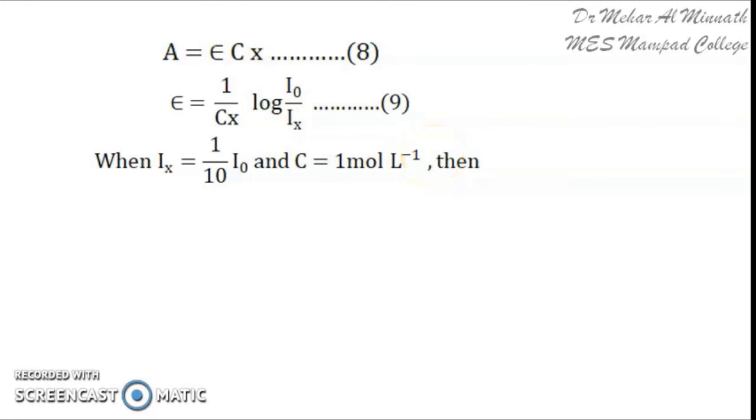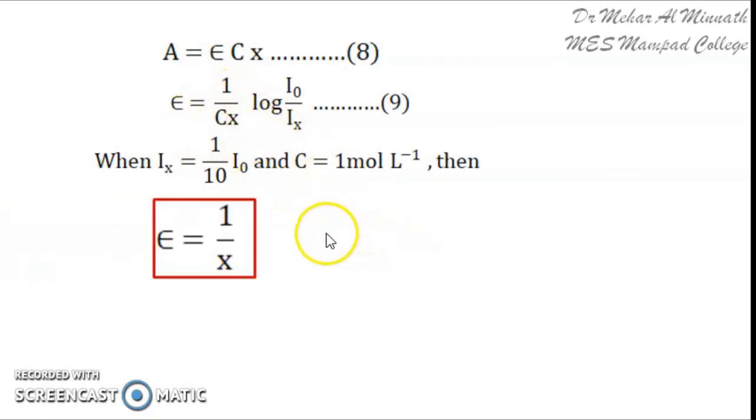Log 10 is nothing but 1. And you are taking concentration as 1 mole per liter, 1 molar. Then epsilon will be 1 by x, that is the reciprocal of the thickness. So the molar absorption coefficient is the reciprocal of the thickness.